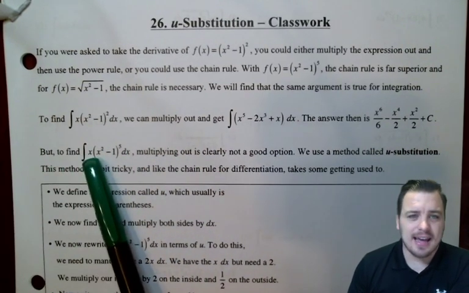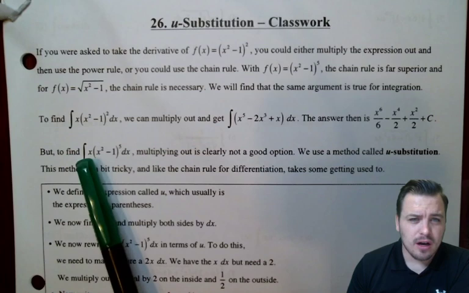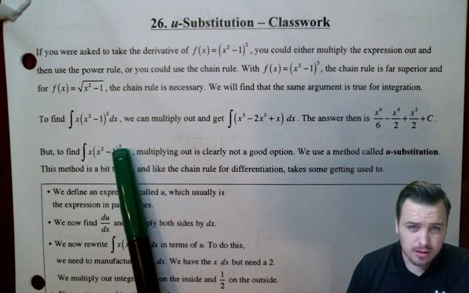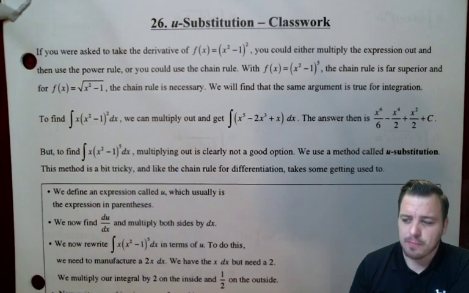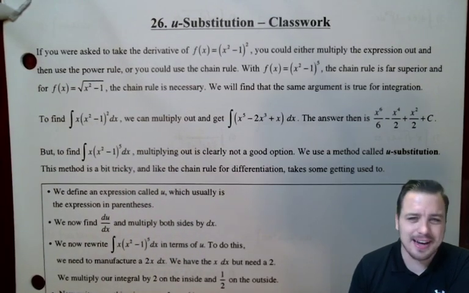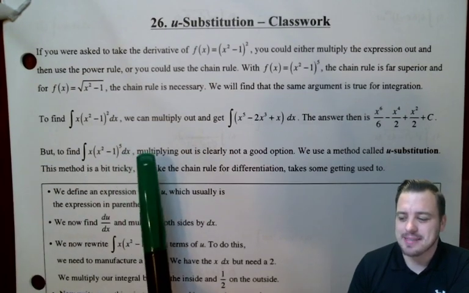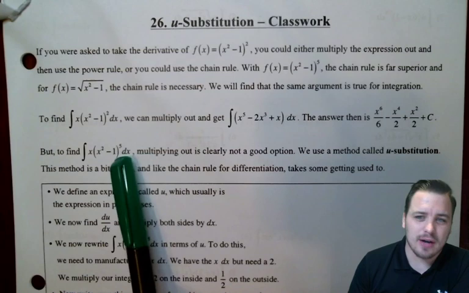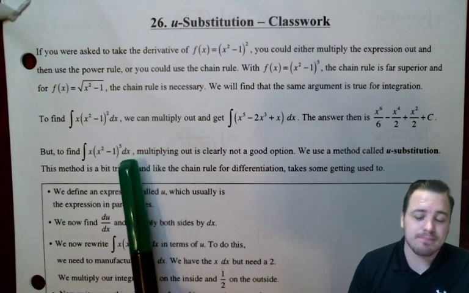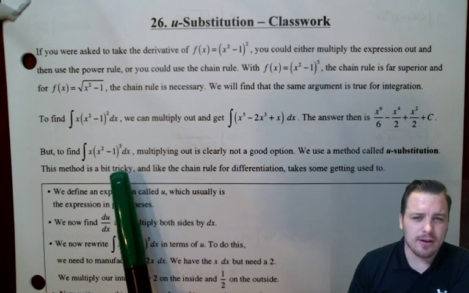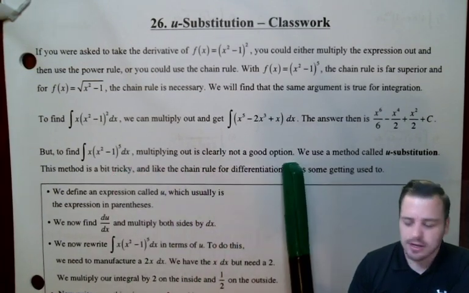But to find the antiderivative of x times x squared minus 1 to the 5th dx, multiplying it out is clearly not a good option. You would have to do a trinomial times a binomial, then a trinomial times a trinomial, and then a 4-term polynomial times a trinomial. A lot of room for error. So not a good option here.